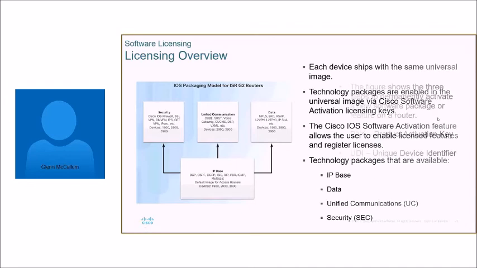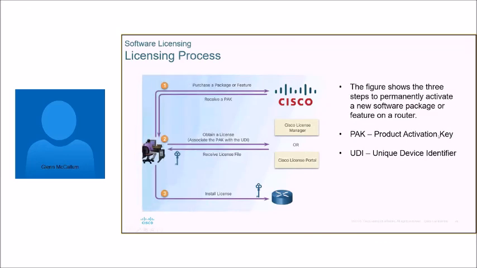So to upgrade the feature set, you purchase a package or feature, and you get a PAK, which is a product activation key. The serial number or unique device identifier is required. From there you'll get a license file, you install it, and it will run that feature set.